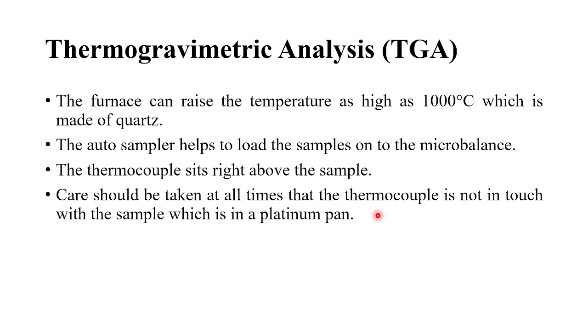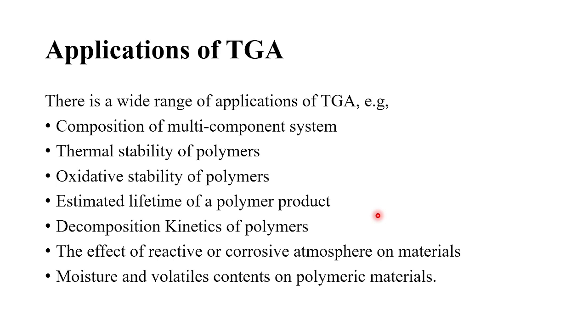The thermocouple sits right above the sample, so it will measure the heat of the sample, and care should be taken at all times that the thermocouple is not in touch with the sample, which is in a platinum pan. It may react with the material at that high temperature, that's why it should not touch.